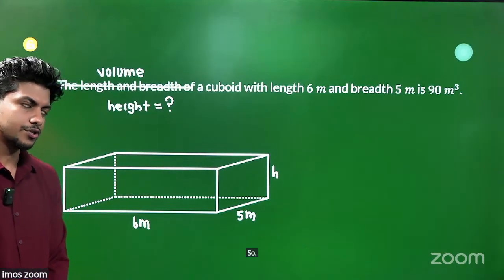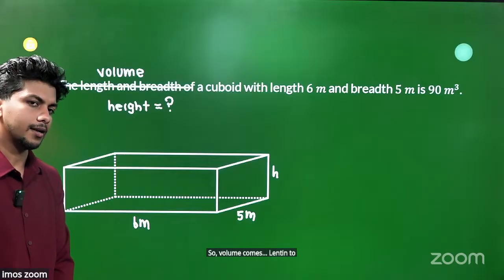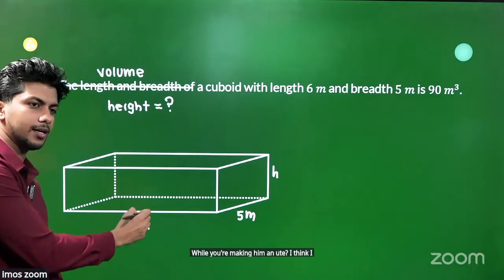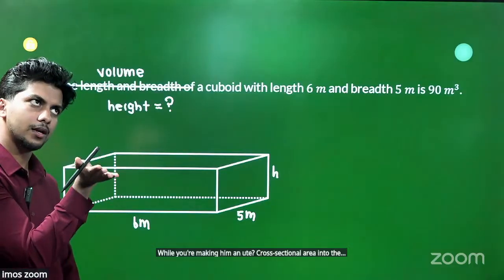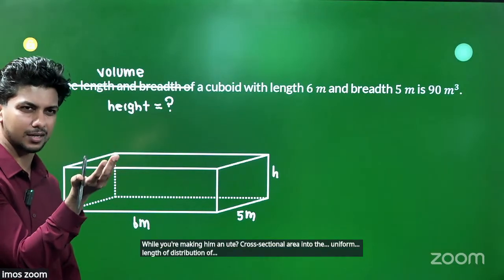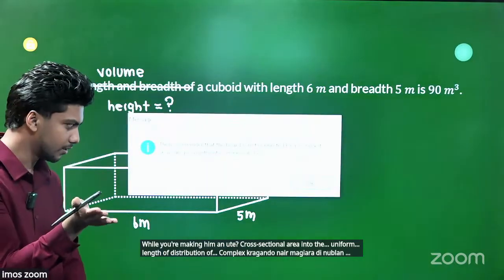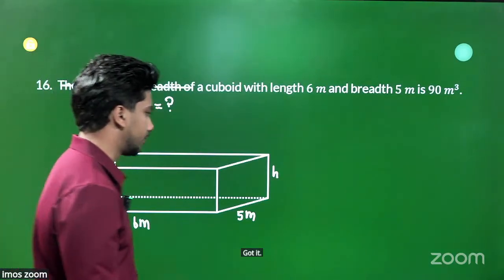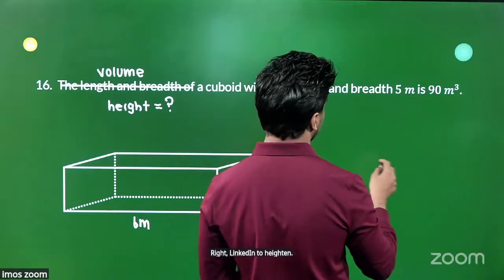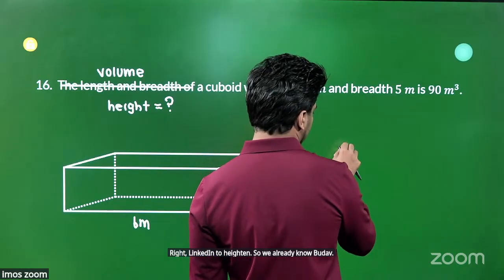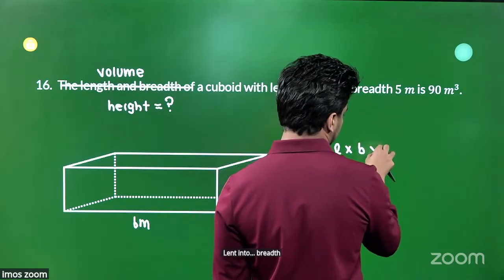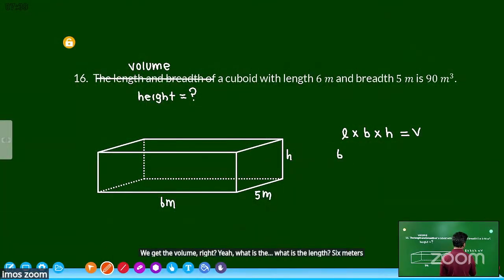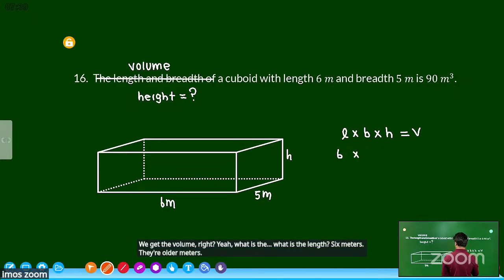Volume is length into breadth into height. Volume is in cubic meters.